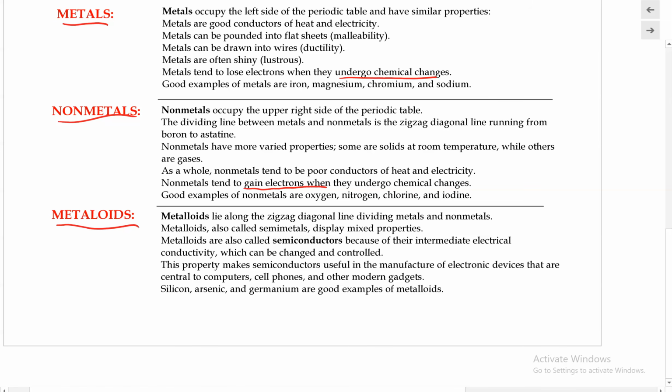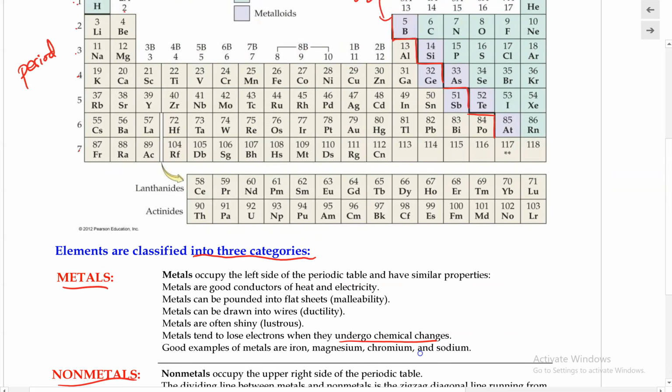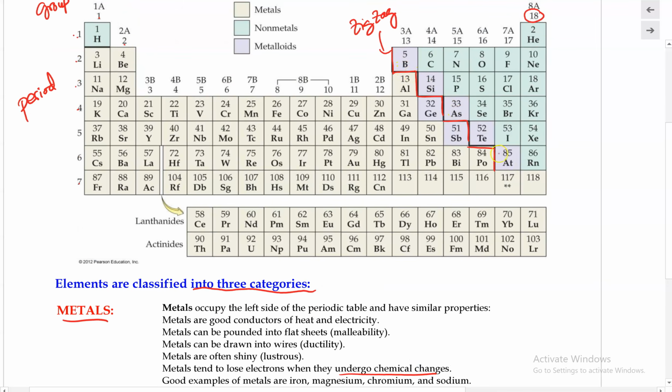They can give up electrons when they need to, and they can also accept electrons when they need to. So the metalloids have properties of both the metals and the non-metals. This is the reason they are found in the middle between the metals and the non-metals.